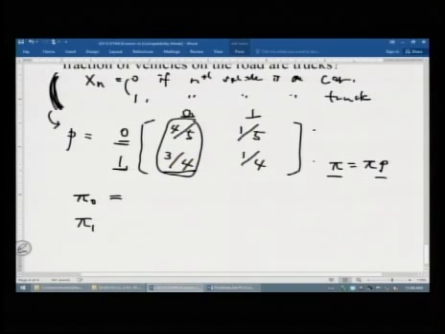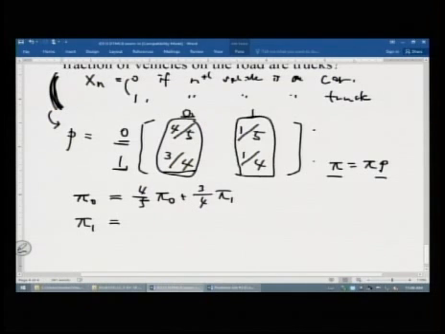That's going to be 4/5 pi 0 plus 3/4 pi 1. Likewise, pi 1 would be pi times the second column of the P matrix. So 1/5 pi 0 plus 1/4 pi 1. Is that right?